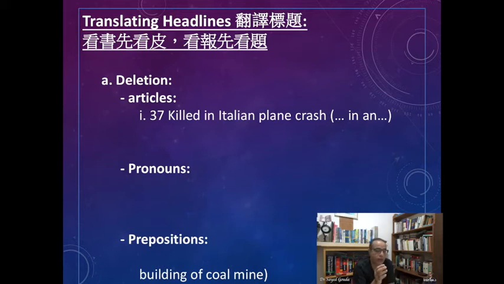In the headline, try to delete the articles a, the, or an. You don't use them in headlines, like "37 killed in Italian plane crash."